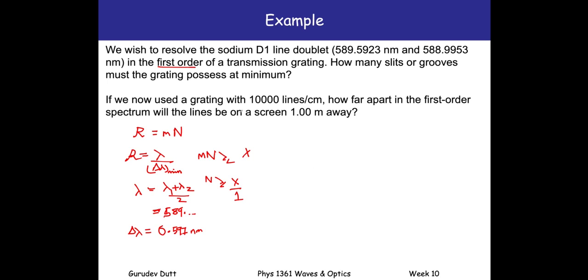Okay, so now if we used a grating with 10,000 lines per centimeter, how far apart in the first order spectrum will the lines be on a screen 1 meter away?